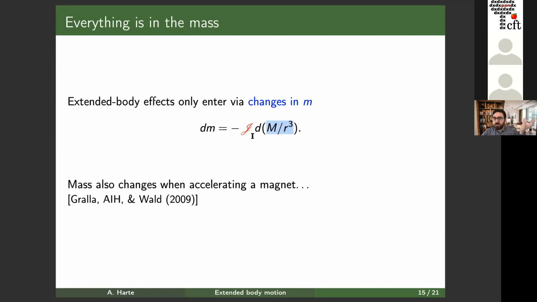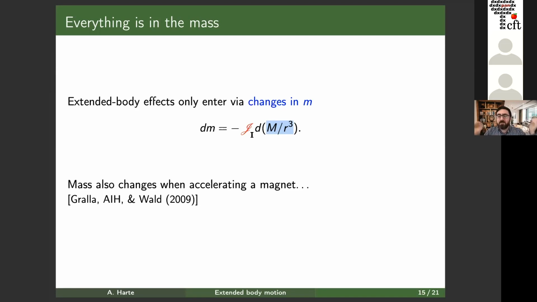So this might seem exotic, that you're changing mass, but in fact it's a common thing whenever you're looking at extended body effects relativistically. Even if you go into your kitchen and take a couple of magnets off your refrigerator, and let one accelerate the other. You learn in first year physics that a magnetic field can't perform work on a charge, but clearly you can accelerate a magnet with another magnet.